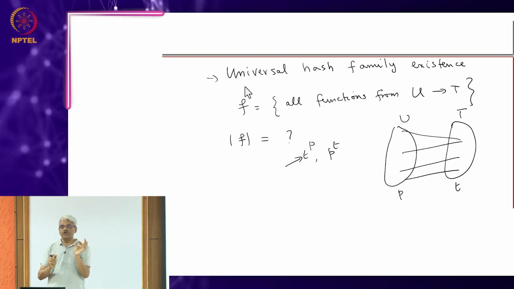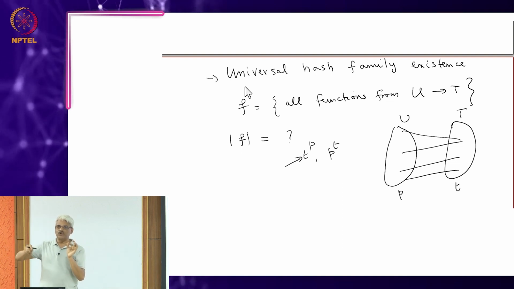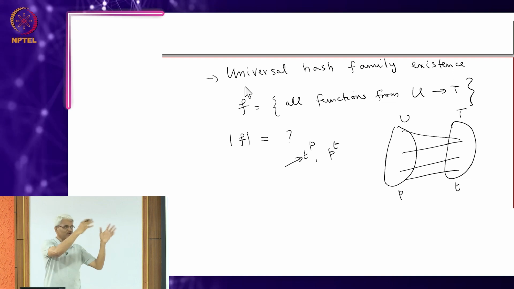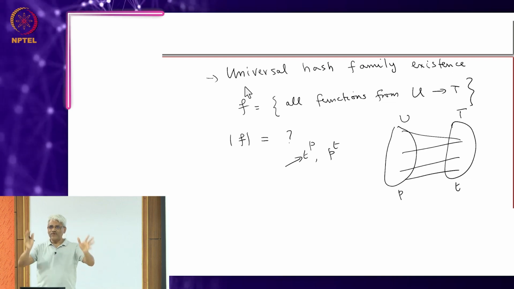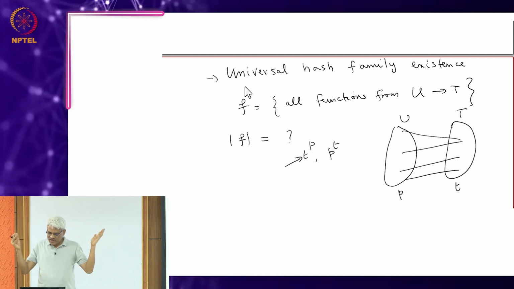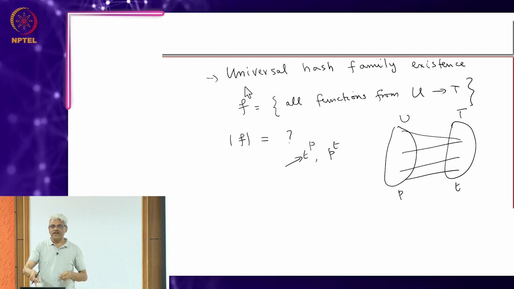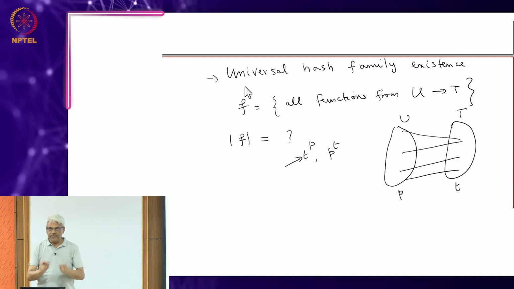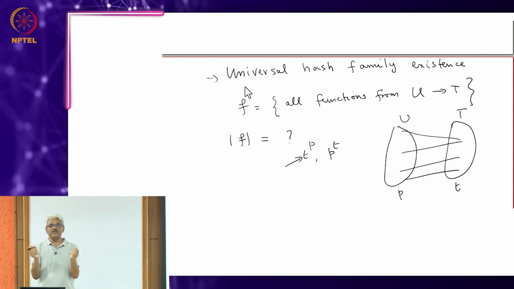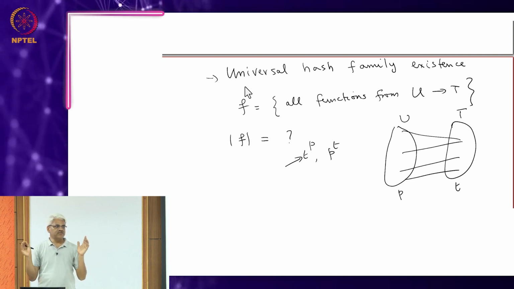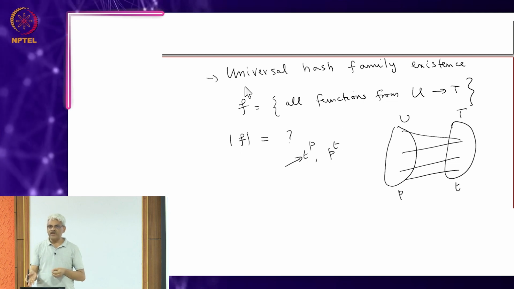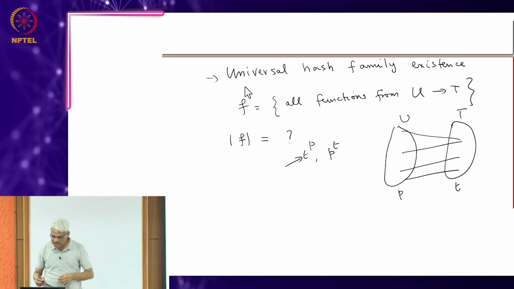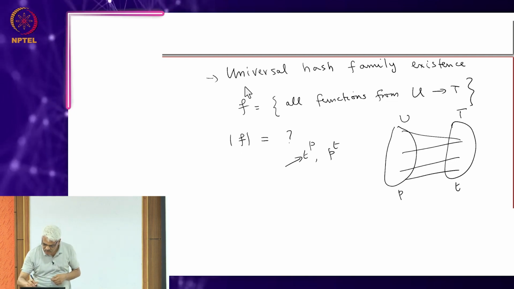Each element of the universe has any of the T choices, because I am not saying one-one or onto and all that. That is another interesting question you can think about. Number of functions. How do I specify this function? I just have to give the image of every element in the universe, then the function is specified. Okay. So, there are P elements, and if you tell me the image of each of these elements, you have specified the function. There are T choices for each image. Okay. So, that is T power P, the number of functions.